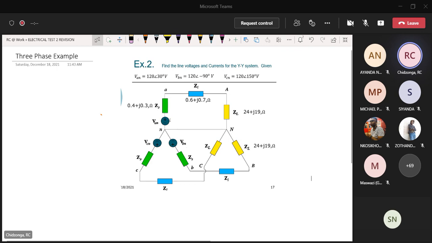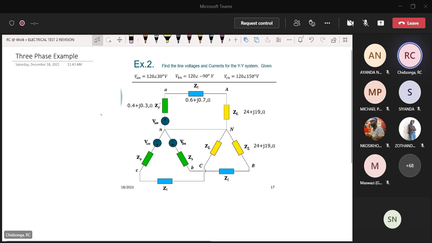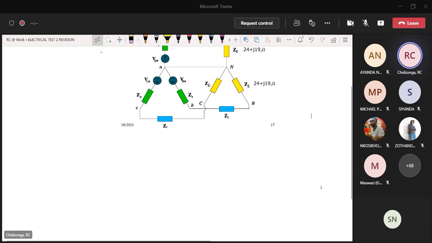Now here, you are asked to calculate the line currents and voltage for the star-star system. And then you are given some parameters. You are told VAN is that, VBN is that, right? So this is on the source side. Now, if you look at the green phase A, we can redraw this as one phase.